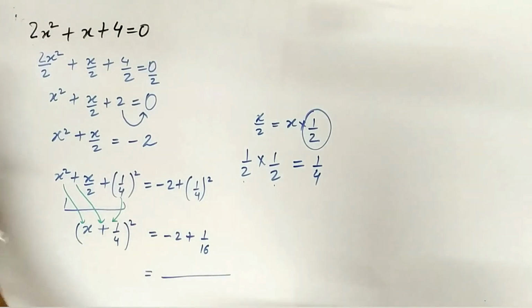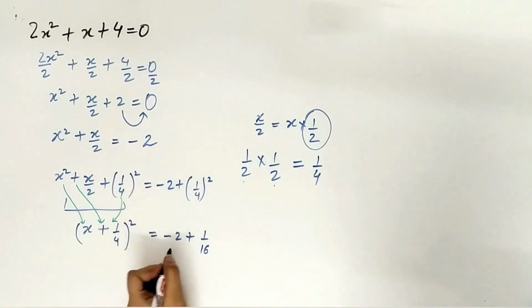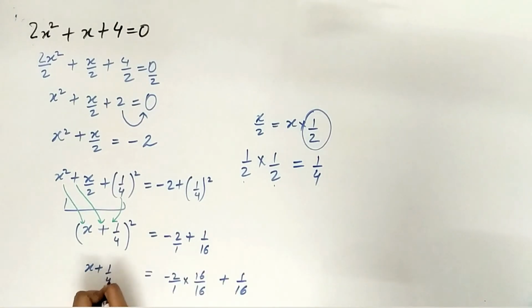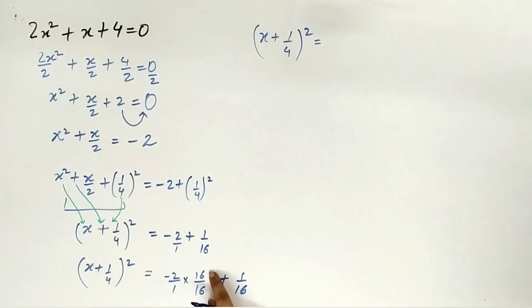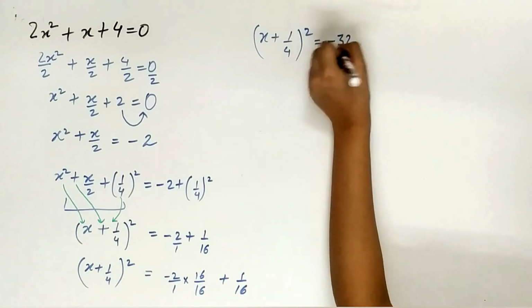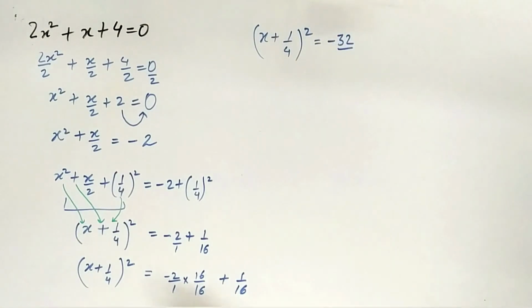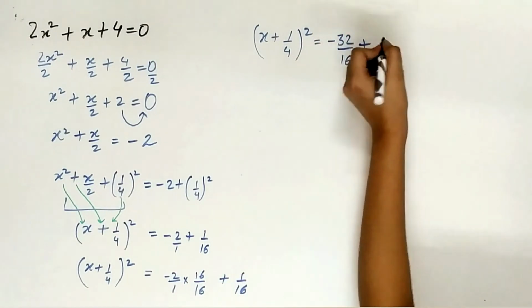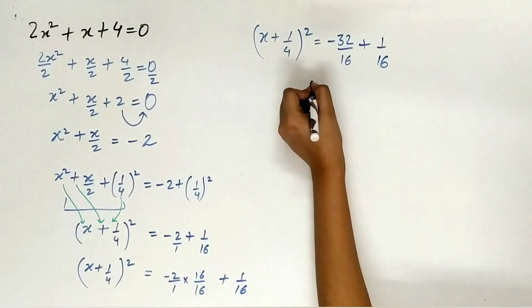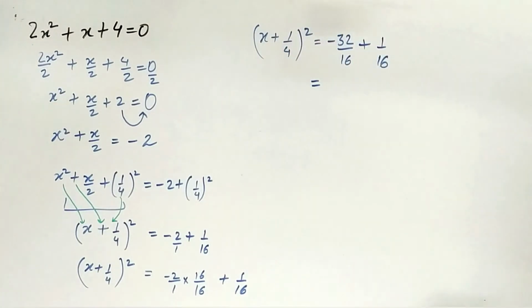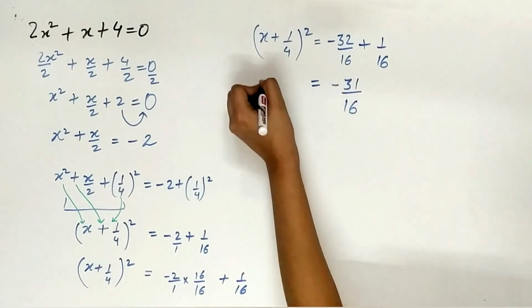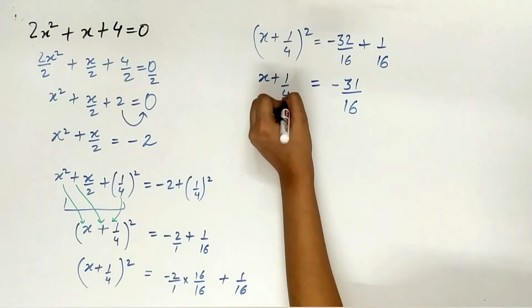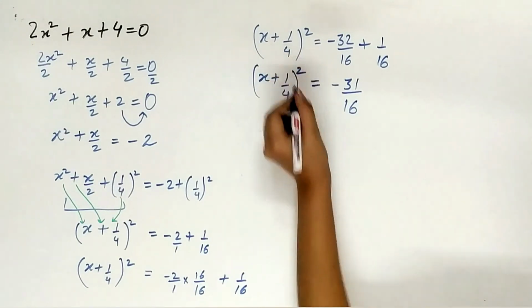Take the LCM of 1 and 16: x plus 1 by 4 whole square is equal to minus 2 multiply 16 is minus 32, 1 multiply 16 is 16, plus 1 by 16. Minus 32 plus 1 is minus 31 divided by 16, which is equal to x plus 1 by 4 whole square.